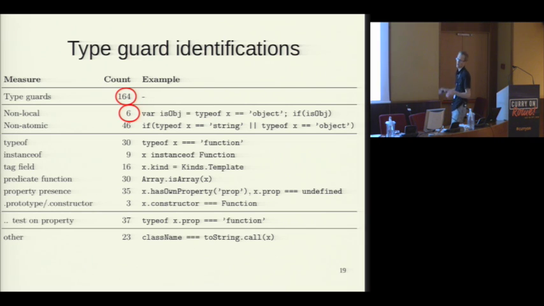And for our benchmark suite, we've then found 164 of these type guards, where I think the most interesting takeaway is that of all these type guards, only 6 of them were not local. So the type test itself was syntactically present inside the condition, and not having to reason about variables and their relation to a certain type test would certainly simplify a type system.